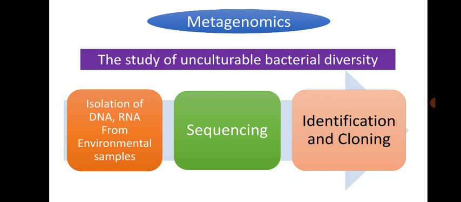Most of the products of biological importance or biotechnological application come from unculturable bacterial diversity, and it is a very high priority research area nowadays to bioprospect bioactive, beneficial compounds from this unrevealed microbial community.